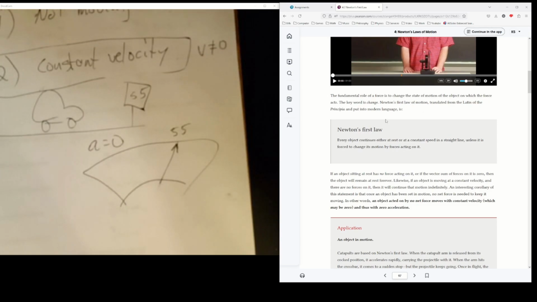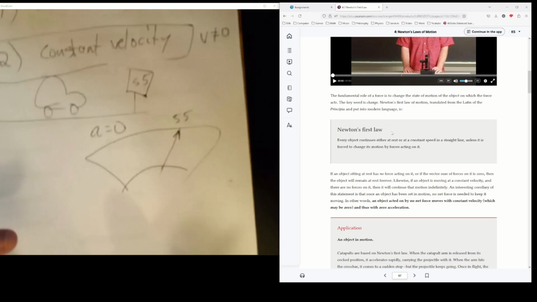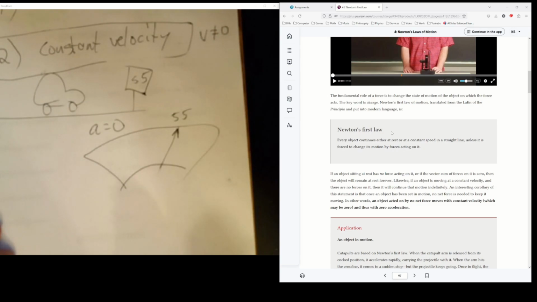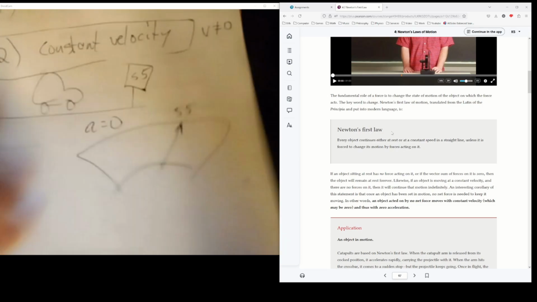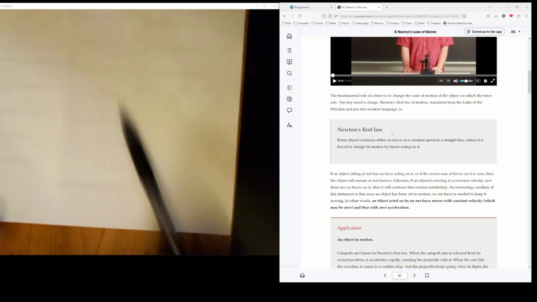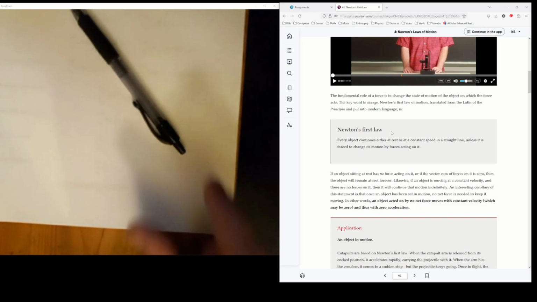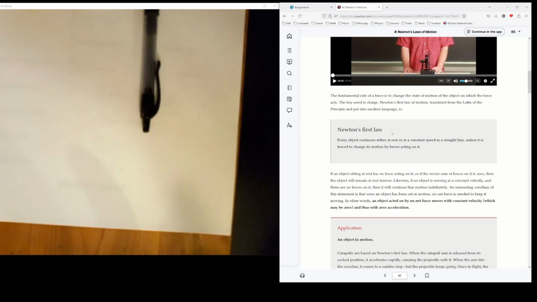And they're talking here about Newton's first law in the book. Aristotle, many years before Newton, said that when you move an object, it stops. No matter how hard I throw my pen, it'll eventually stop.